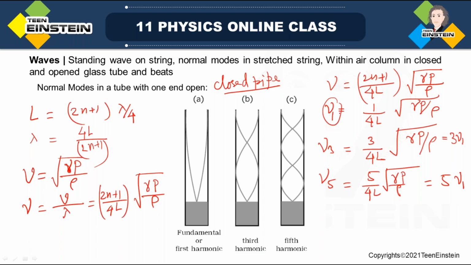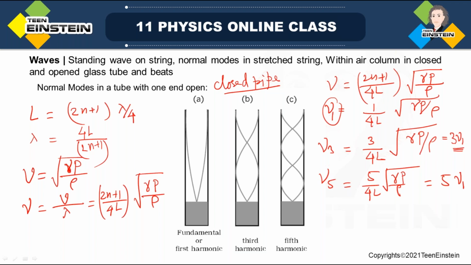See, the fundamental frequency, or the lowest frequency, is called the first harmonic. As we go along, if we put n is equal to 1, we get the third harmonic. That means the frequency we get putting n is equal to 1 is 3 times the fundamental frequency.